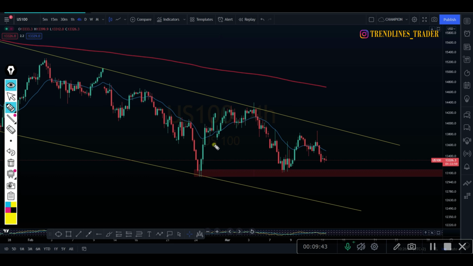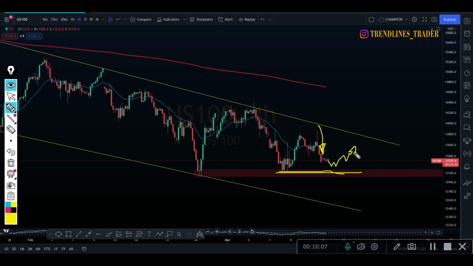As you can see, our sellers are pushing the price towards the downside, so that we will be at this area any time from now, because around this time is when the London session will be open.